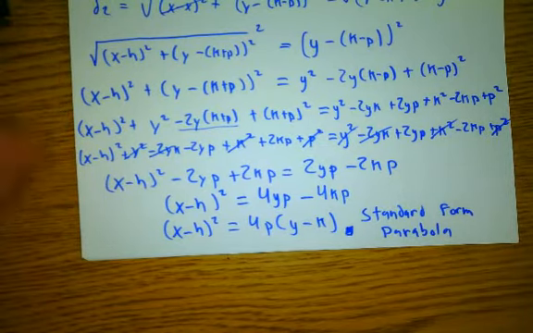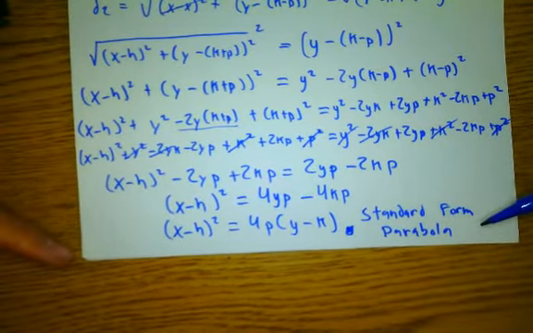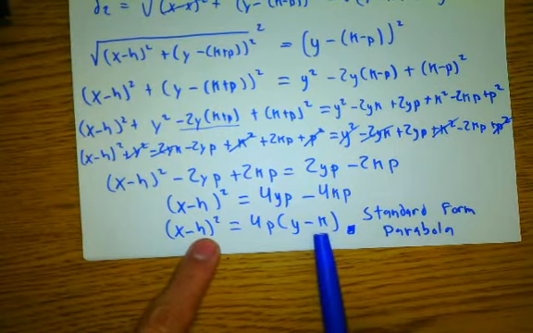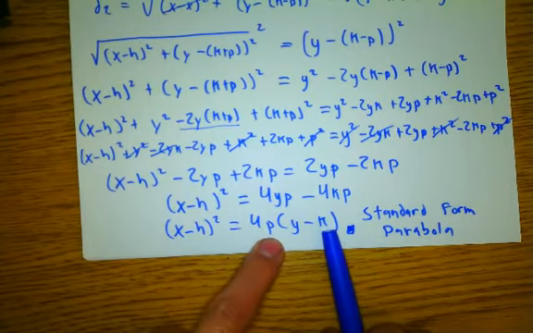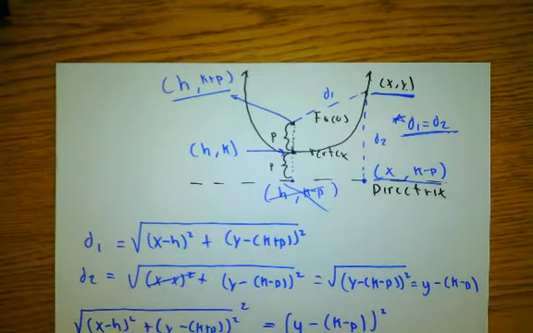So just by looking at this, you can tell me that the vertex is whatever these numbers are, but the opposite of them, right? Now, the other thing that you can tell me just by looking at this equation is what is P, right? But what does P represent as far as your diagram? The distance between what? The vertex and what? The focus and the directrix.